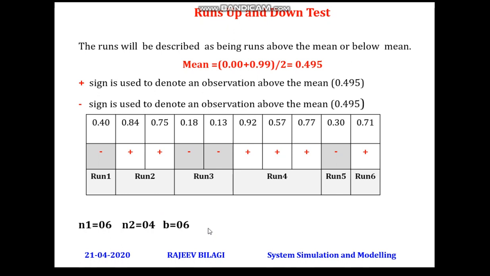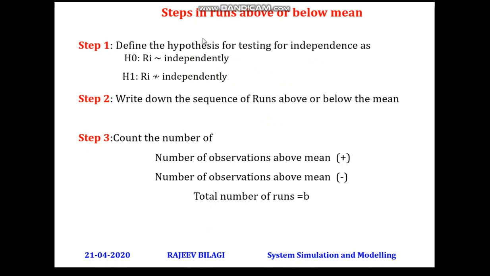Now there are a few steps which we can use. The first step is always finding out the hypothesis for testing independence: Ri independent, or Ri not independent. Now step 2 is to write down the sequence of runs above or below the mean.